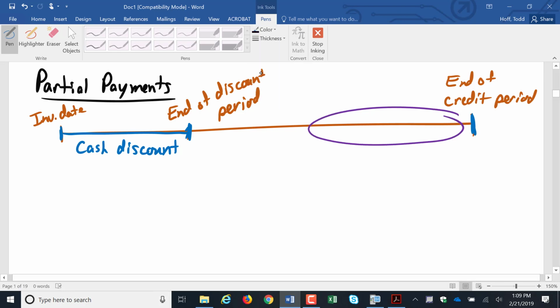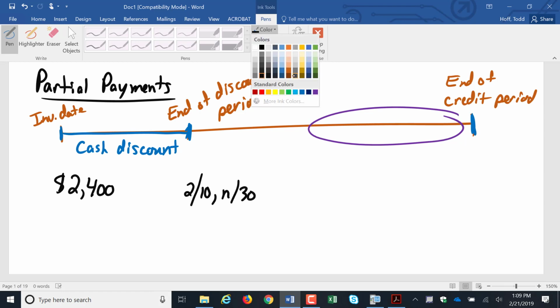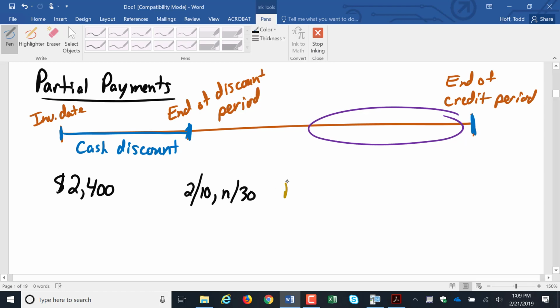Let's say that we have an invoice that is $2,400 with a 2/10 net 30, and the buyer is going to pay $1,500 during the discount period.